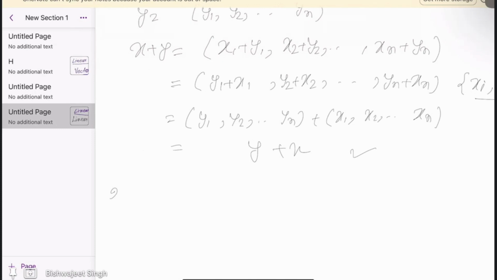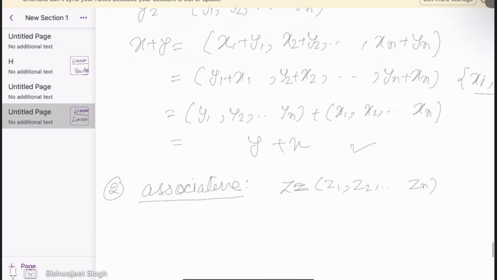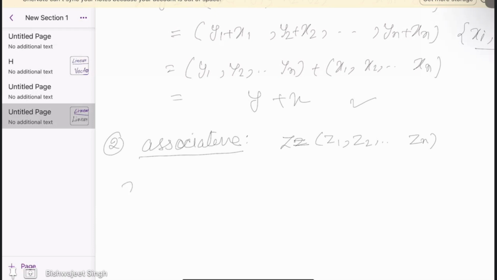The second property was associativity. Here we have z also, z1, z2 up to zn, and we defined x as x1, x2, xn and y as y1, y2, yn. The claim is that if I first add x plus y and then add z, this should be the same as first adding y plus z and then adding x.